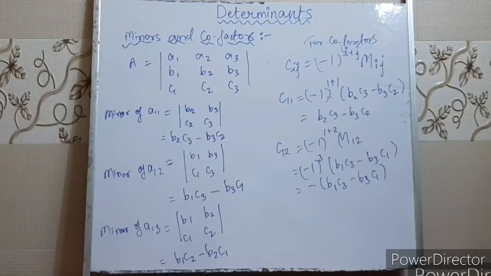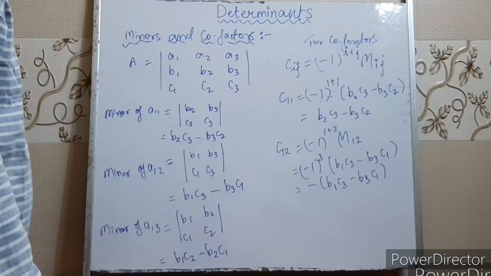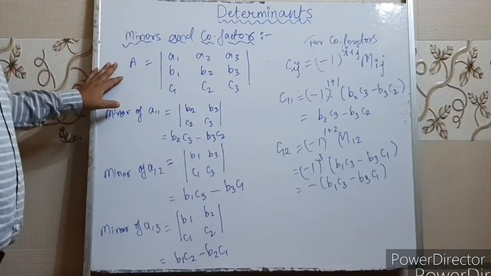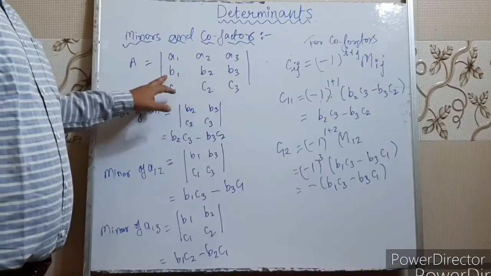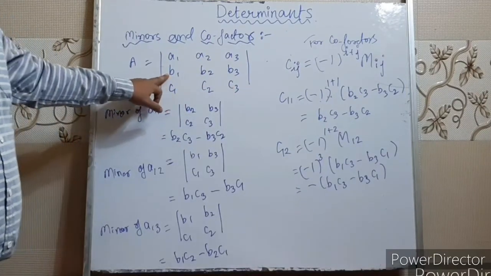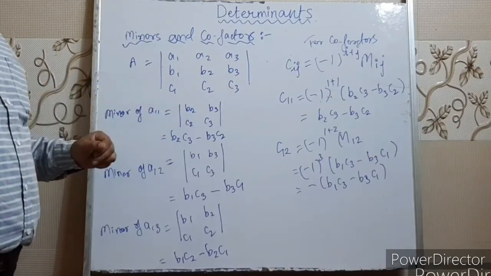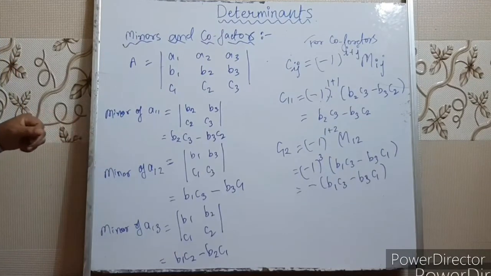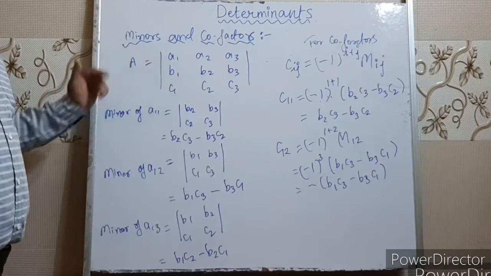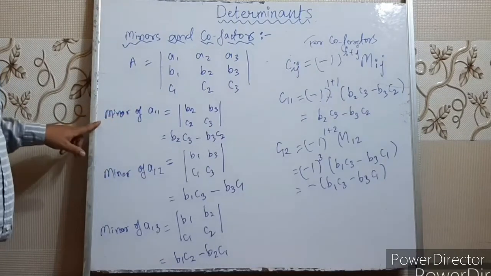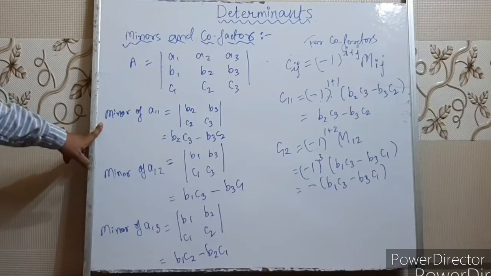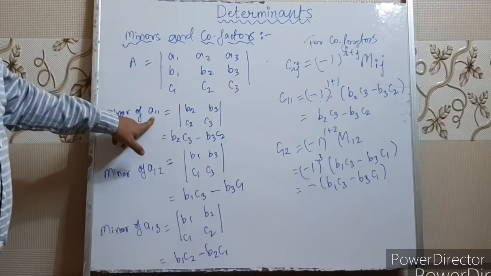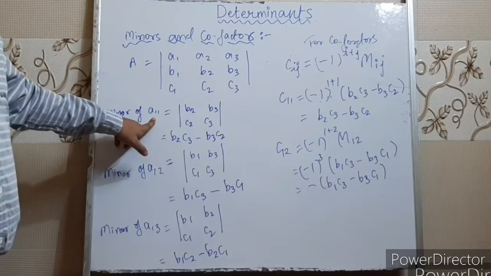Now, children, we study minors and cofactors. Suppose there is a determinant A which has row 1: A1, A2, A3, second row B1, B2, B3, third row C1, C2, C3, and we have to calculate the minors of this determinant, right? Suppose we are calculating the minors about row 1. Minor of the element first row, first column.